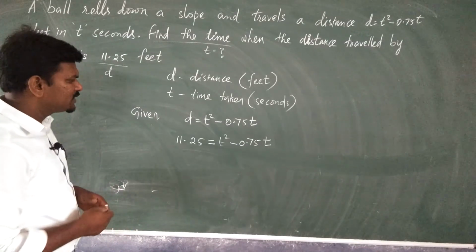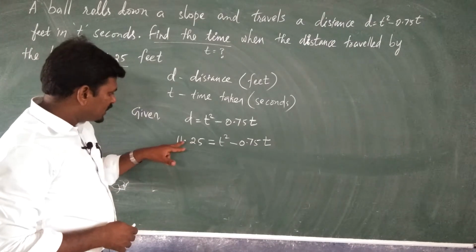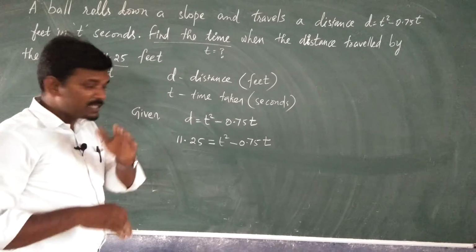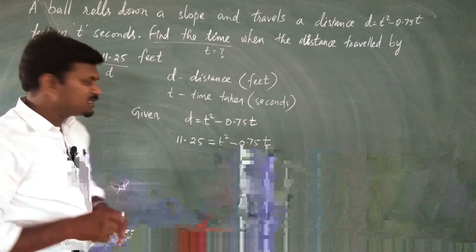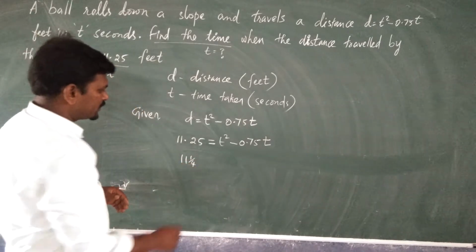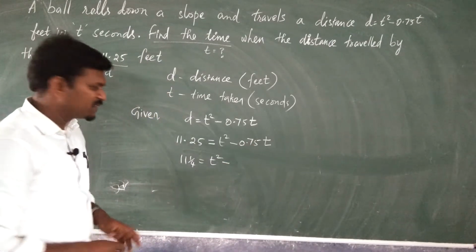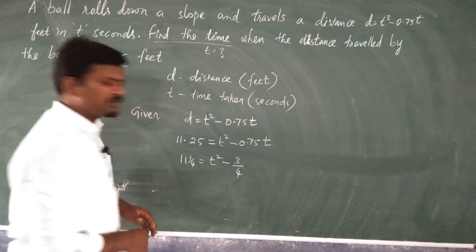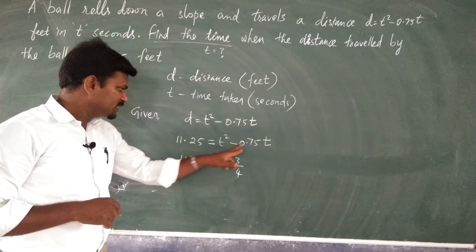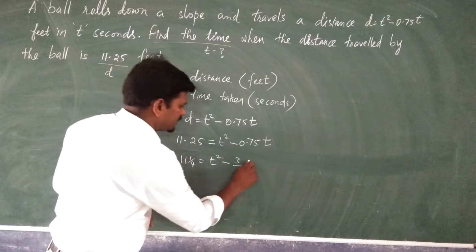But here, otherwise, we can do it like this. 11.25 means 11 and 0.25, which is 1/4. So 11 1/4 is equal to t square minus 0.75, which is 3/4, t.